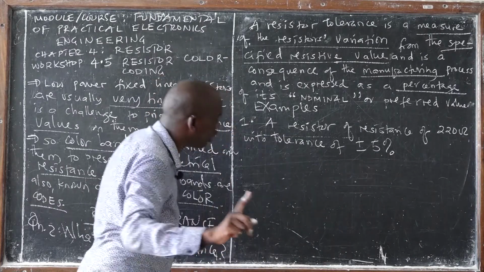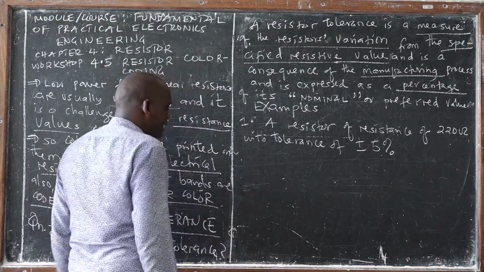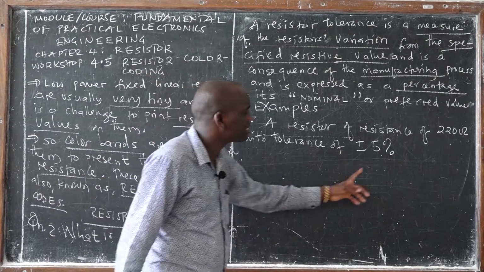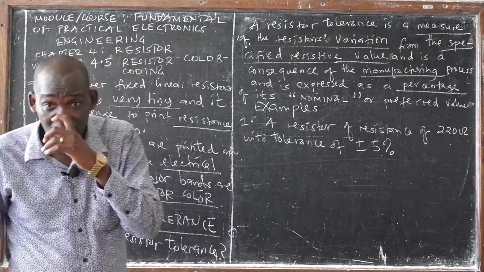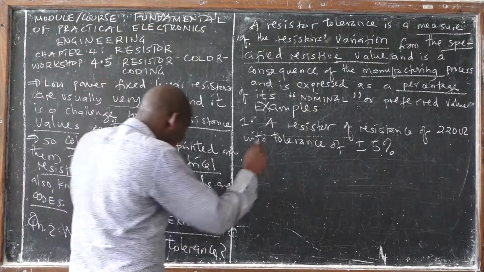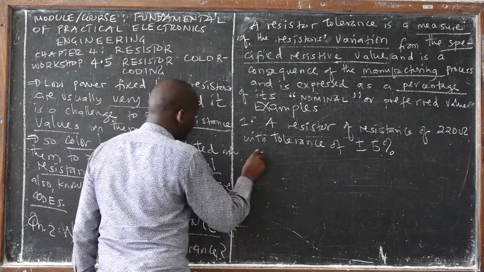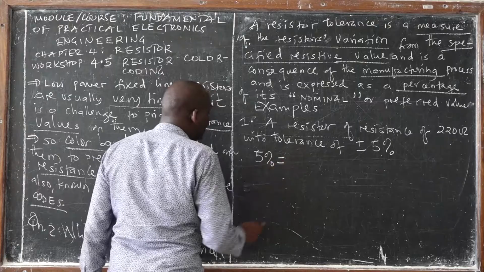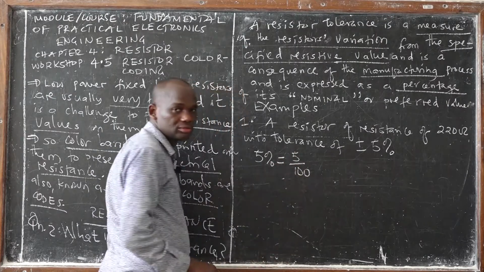Listen and stop. Let me clarify this concept. Simply, this 5% is the acceptable error. Let me explain this mathematically. Remember that 5%, ladies and gentlemen, is equal to 5 over 100. Do you agree?